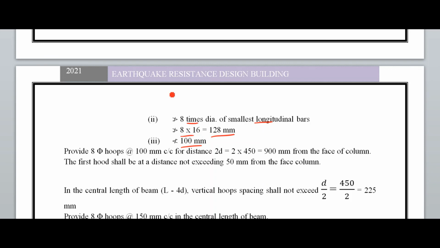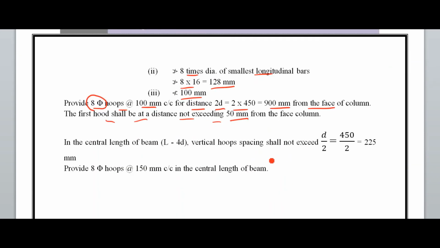So provide 8 mm diameter hoops at 100 mm center to center for a distance of 900 mm from the face of the column. The first hoop shall be at a distance not exceeding 50 mm from the face of the column. In the central length of the beam, the vertical hoop spacing shall not exceed d by 2, 450 by 2, so 225 mm. So provide 8 mm diameter hoops at 150 mm center to center in the central length of the beam. So the design of ductile detailing is completed.